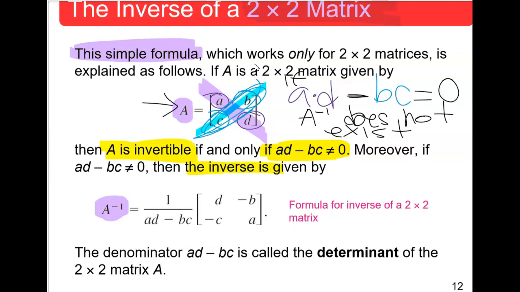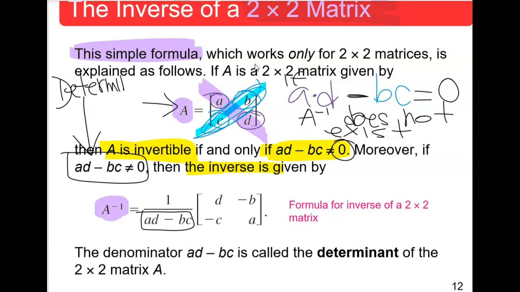And so the formula for that inverse is going to be, whatever number we get here that is not 0, we use the reciprocal of that number, so it will be 1 over that number. And by the way, this number here is called the determinant. If the determinant is 0, that means the matrix doesn't have an inverse.